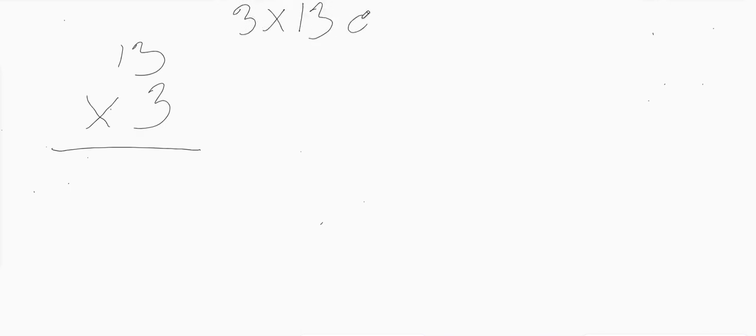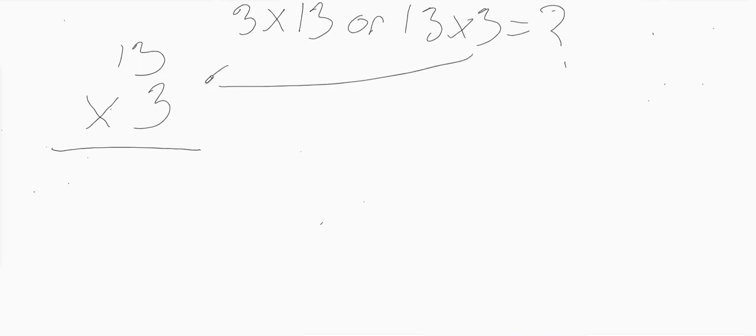But you want to put your single digit below your double digit. Make sure that you carry over your sign. So if your 3 times 13 or 13 times 3 problem was written out like this, you want to rewrite the problem like this.